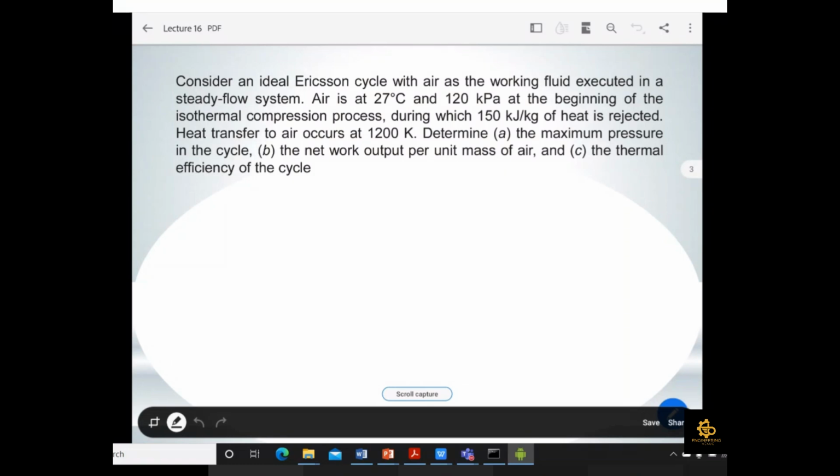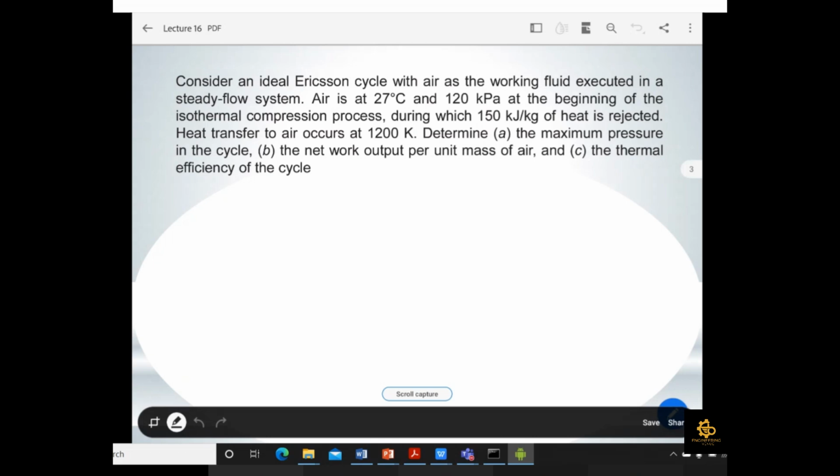It means the beginning of compression will be at point number 3, so point number 3 properties are given. During this process 150 kilojoule per kg of heat is rejected, so the Q rejected between 3 and 4 is 150, and heat transfer to air occurs at 1200 Kelvin.